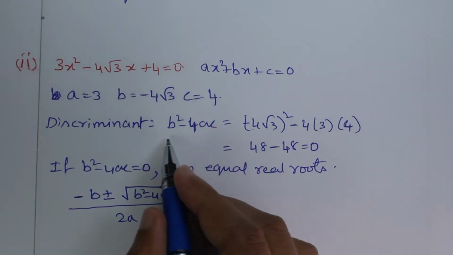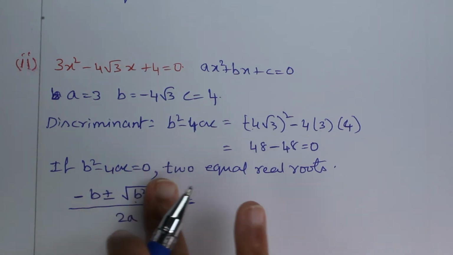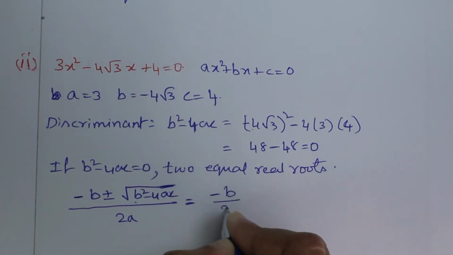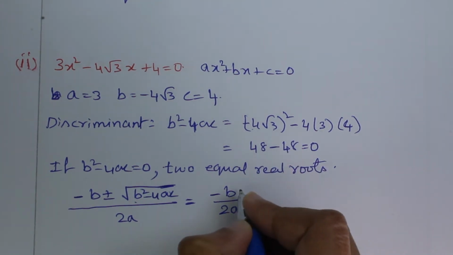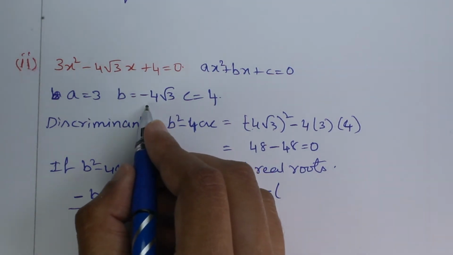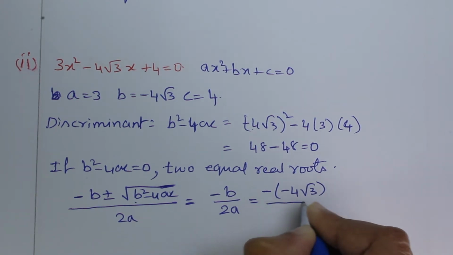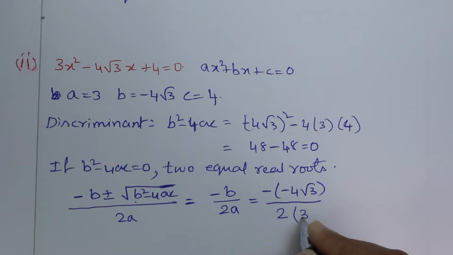Here we already calculated the b square minus 4ac value, which is 0. So we will not consider this part. So the roots become minus b by 2a. What is the value of minus b by 2a? Minus of b value is minus 4 root 3 divided by 2a. 2 into a is 3.